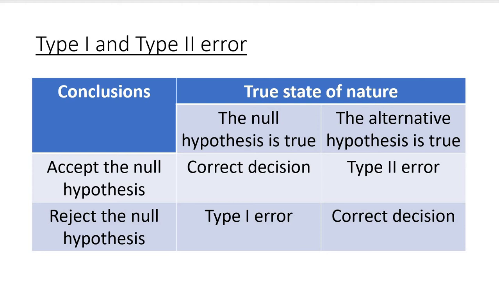So, if you reject the null hypothesis while it is true, then it is about type 1 error, and typically we describe probability associated with this error as alpha. Or you can accept the null hypothesis while the alternative hypothesis is true. So then, of course, we are dealing with type 2 error, and probability associated with it is typically described as beta.